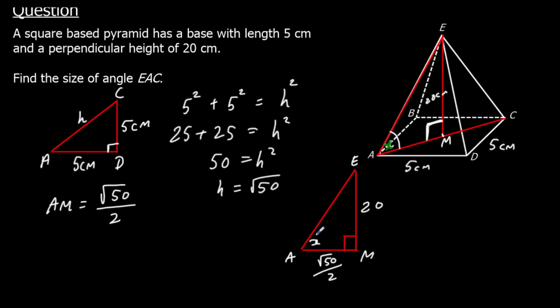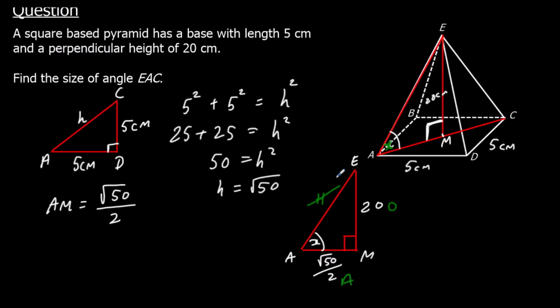We're finding angle X. So we're going to use SOHCAHTOA. Let's label the triangle. We've got the hypotenuse is the longest side. Opposite is opposite the angle. And adjacent in between the angle and the right angle.